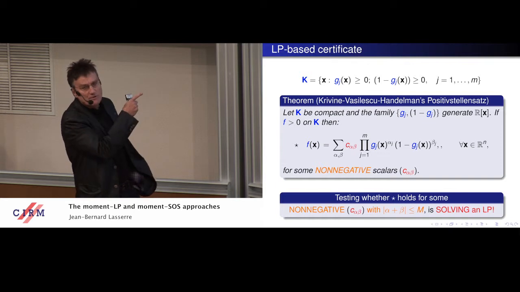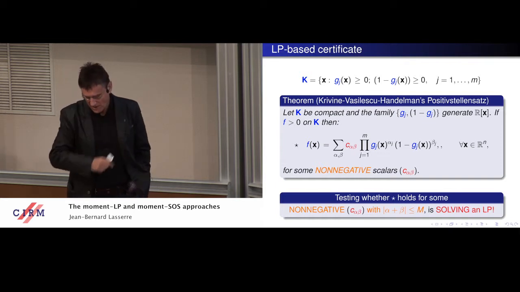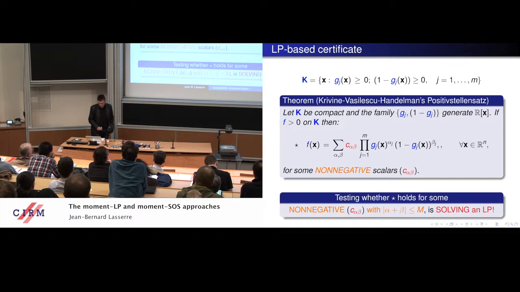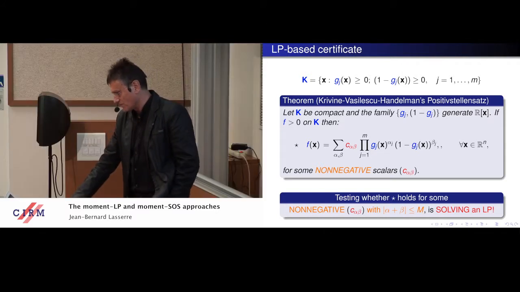So in principle, you would prefer such a representation. But in fact, it has some drawbacks. So not all certificates are that nice. And my bias is that there's some theoretical reason to sustain the statement that the SOS-based one is a better certificate.